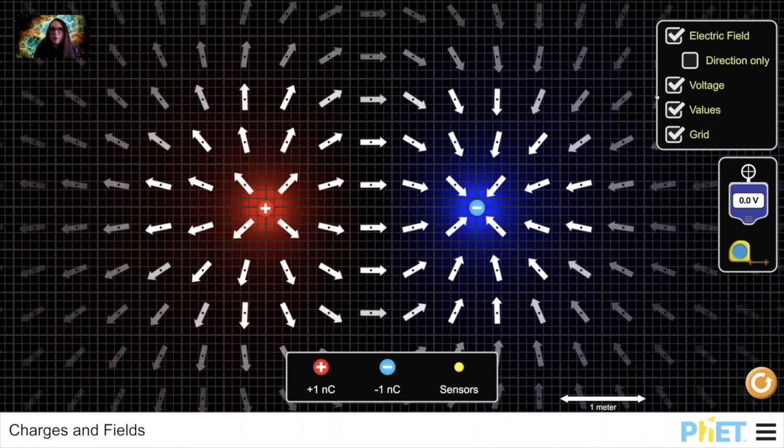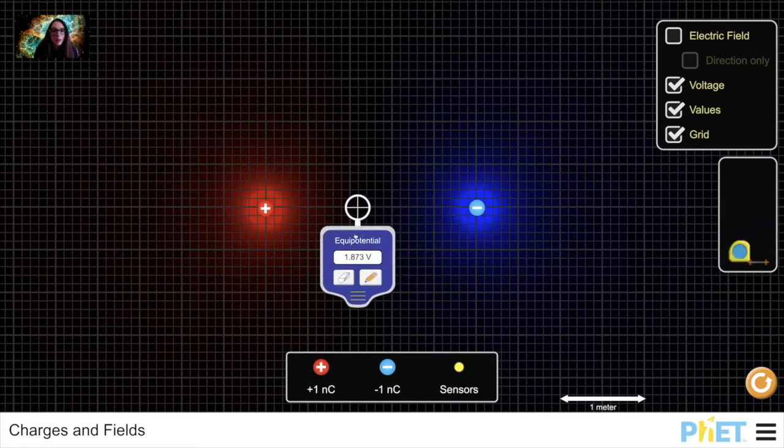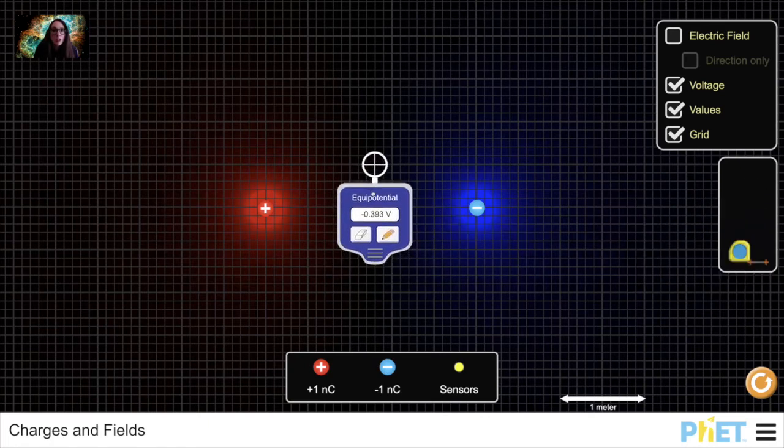What I've clicked here shows us a little bit about the magnitude of the potential, or the voltage, around these charges. It's strongest where it's brightest red or brightest blue. I can also bring in this meter here, and it will tell me the potential at any point within this screen due to the presence of both of these charges.